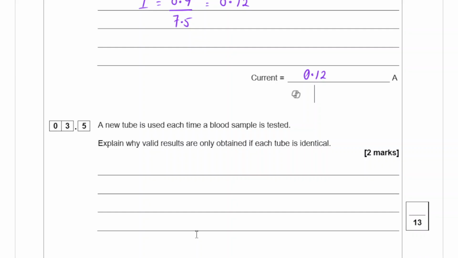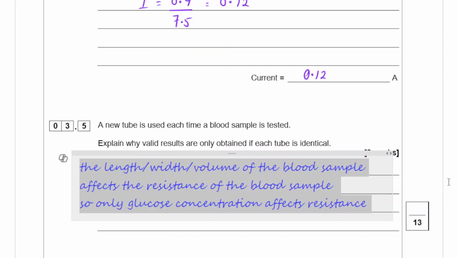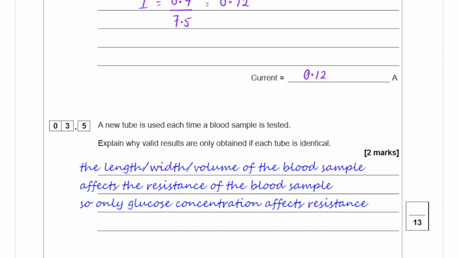All of this will actually affect the resistance of the blood. So the length, width, and volume of the blood sample affects the resistance of the blood sample. So only glucose concentration should affect the resistance. So you want to keep all of them the same every single time.